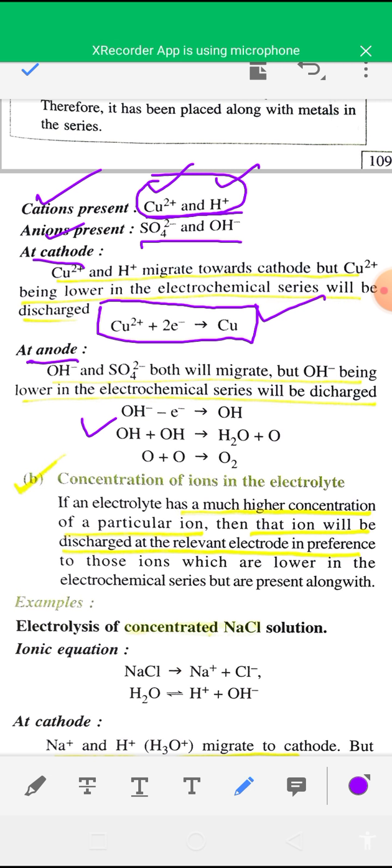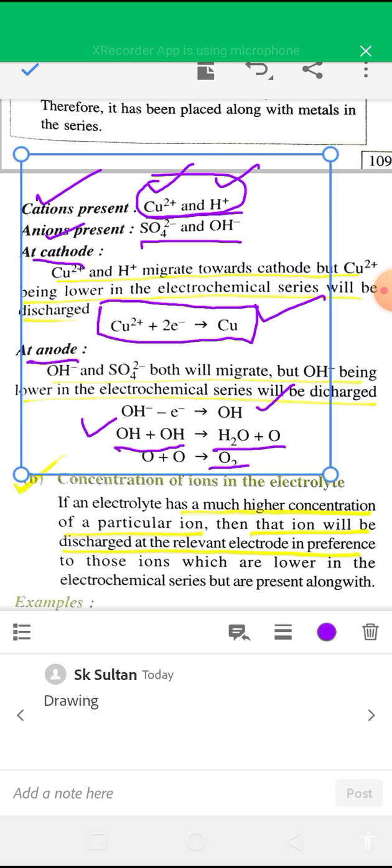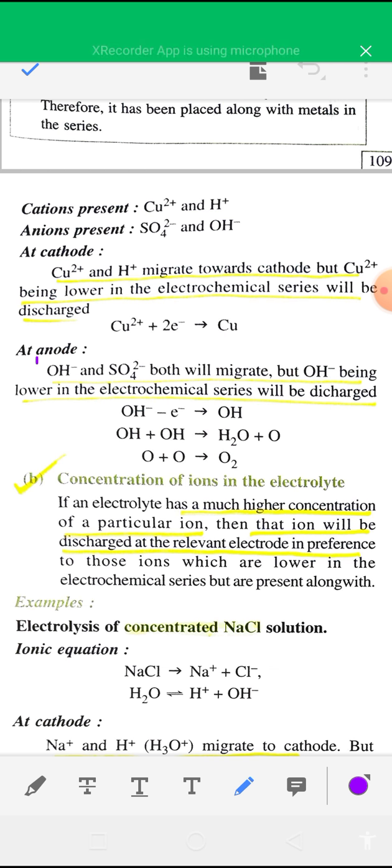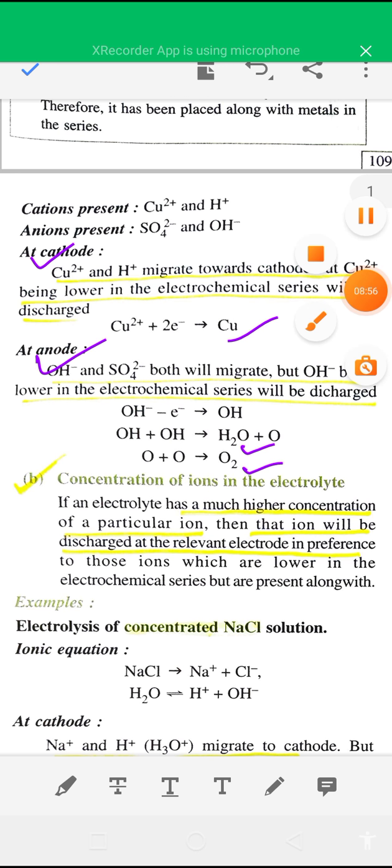OH- ion can lose one electron more easily at anode, and therefore it forms OH radical, and two OH radicals combine together to form one water molecule and oxygen atom, and two oxygen atoms combine to form one oxygen molecule. Okay, so at anode you will get oxygen and water, and at cathode during electrolysis of aqueous copper sulfate you will get copper metal.